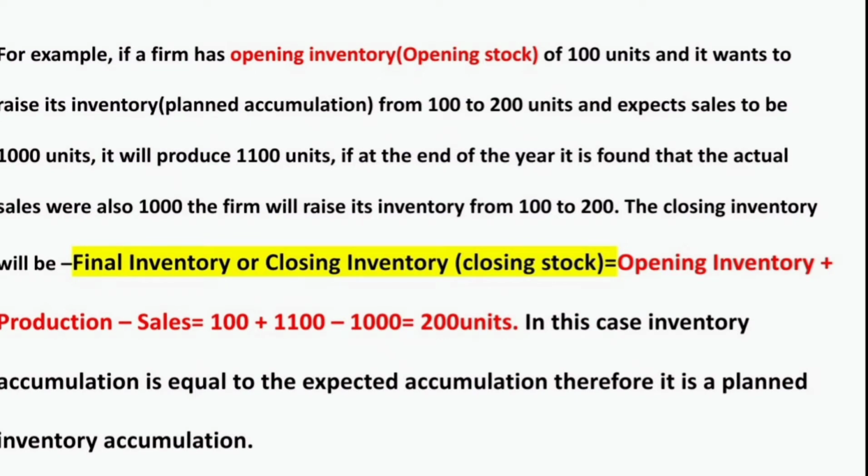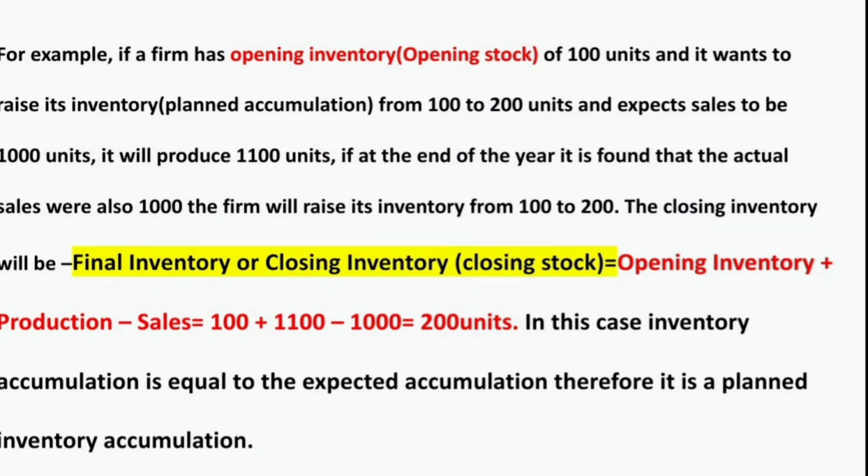If a firm has opening stock or opening inventory in a year of 100 units, but it wants to accumulate its inventory or stock from 100 to 200 units. That is the plan of the firm.